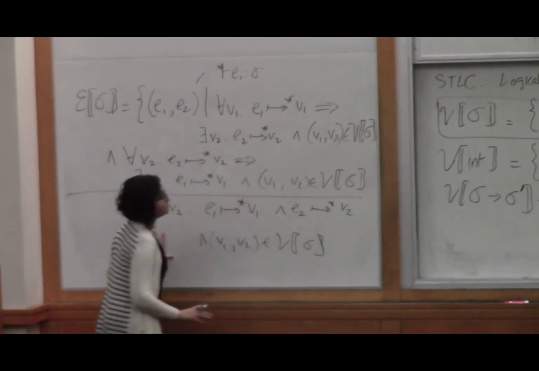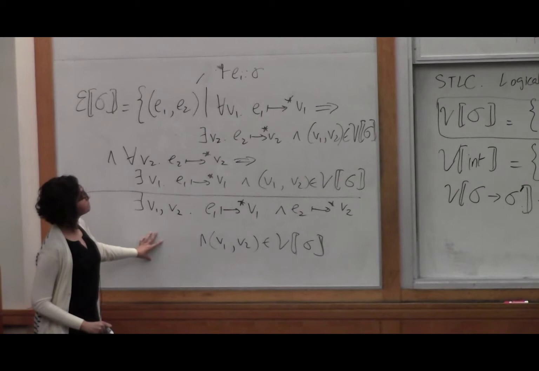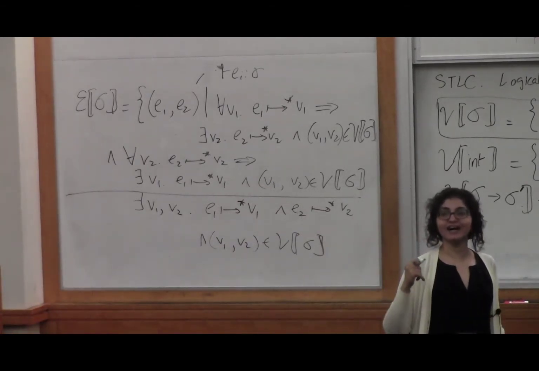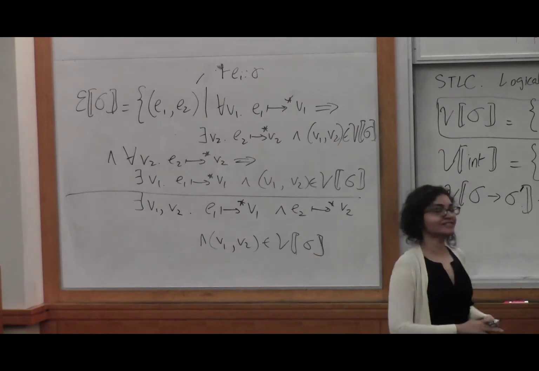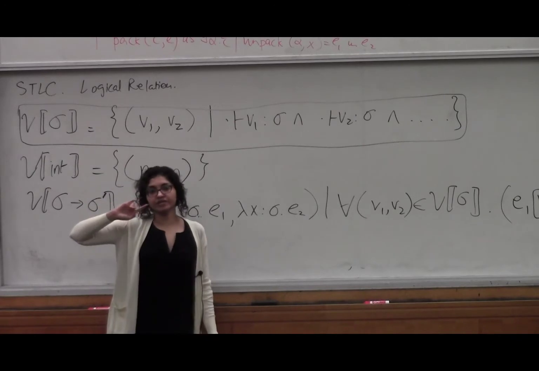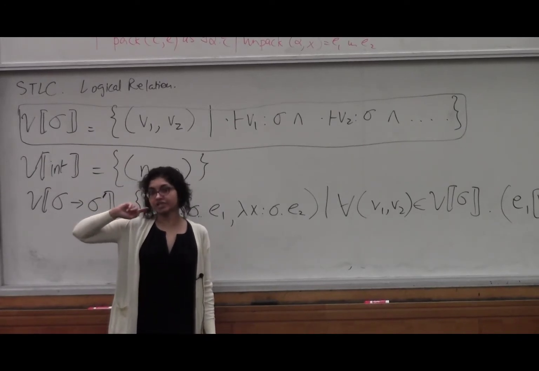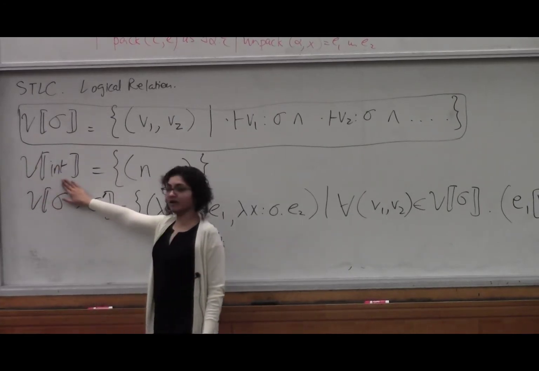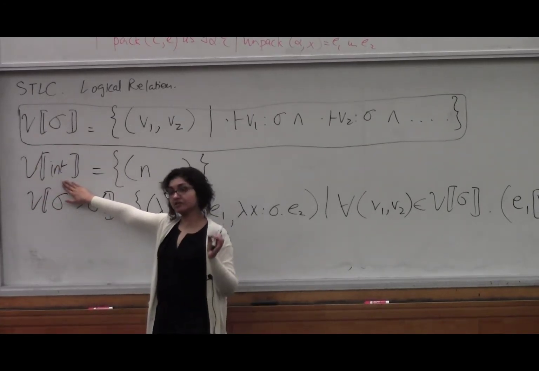Okay, so back to the question of is this logical relation inductively defined? Let's check. My claim is that we are doing induction on the structure of types. Here I'm trying to define a V relation by induction on types.